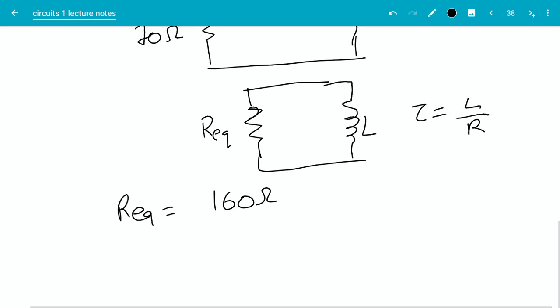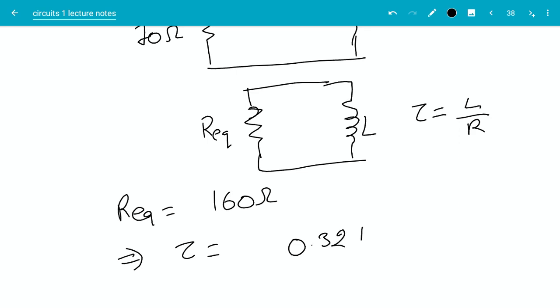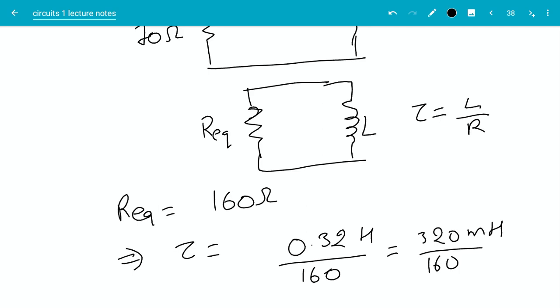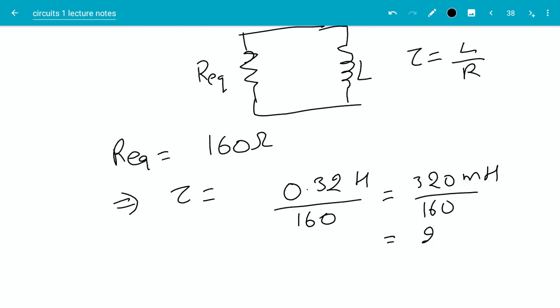So my time constant tau is equal to 0.32 Henry divided by 160, which is 320 millihenry divided by 160, equal to 2 milliseconds. That is my time constant for part B.